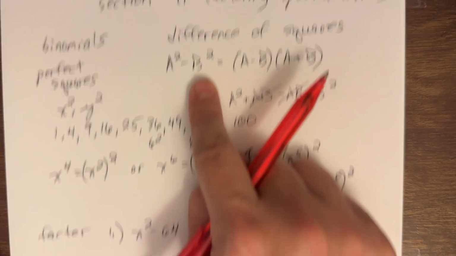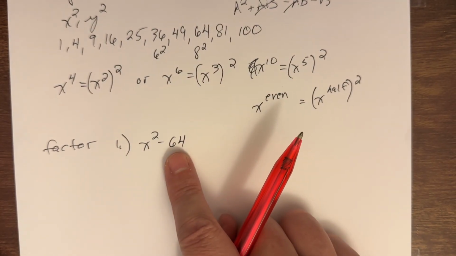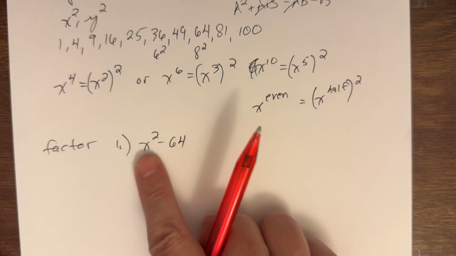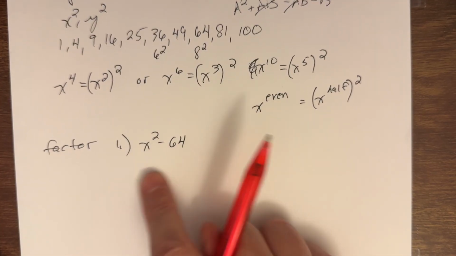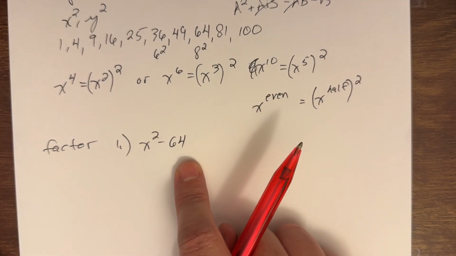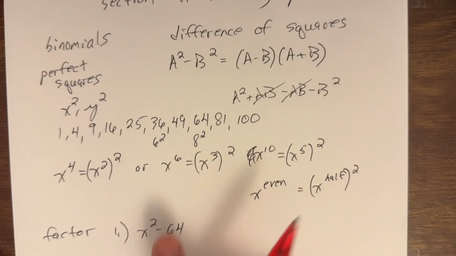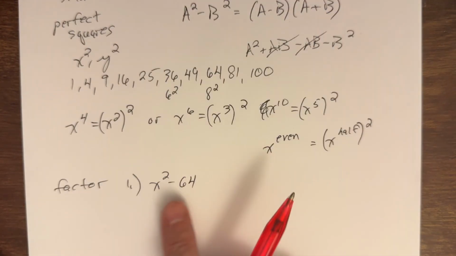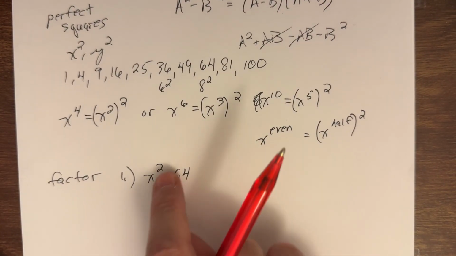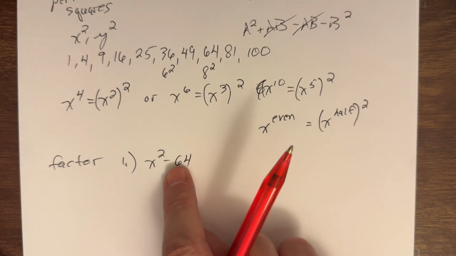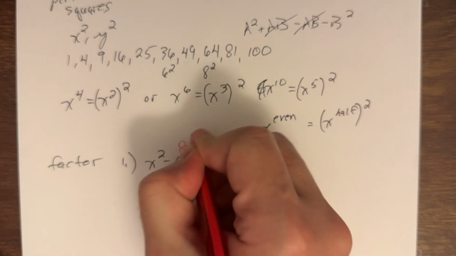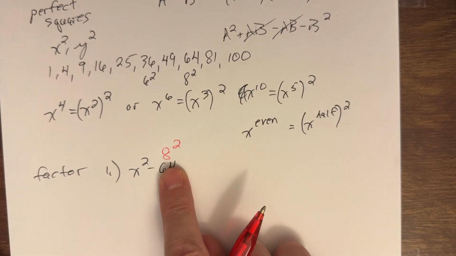So I look at this one, again, we are going to see factor completely. So yes, 2 terms, but no GCF. That's the big deal. So what else do I look for? Well, again, 2 terms. Is it one of my special forms? You've only seen one special form so far, and it works perfectly. That is the perfect square, x squared, minus 64. Well, 64 is 8 squared.